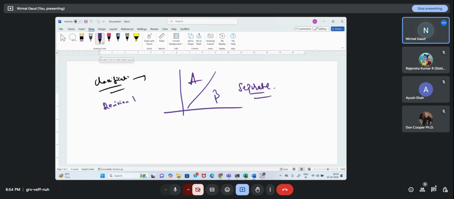Don't forget this. I need to take the decision that till here the data points belong to class A, till here to class B, and this is the boundary. This is how I am classifying.